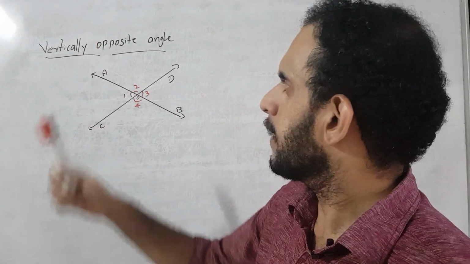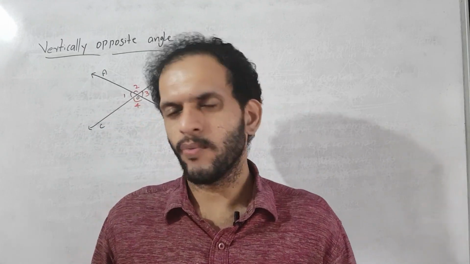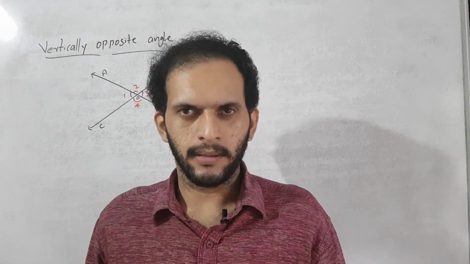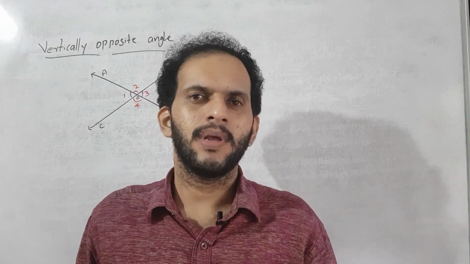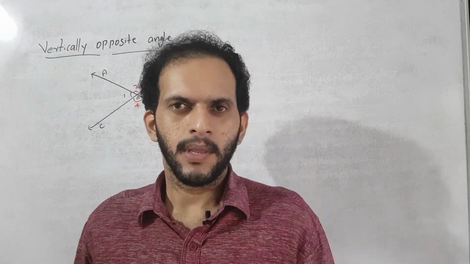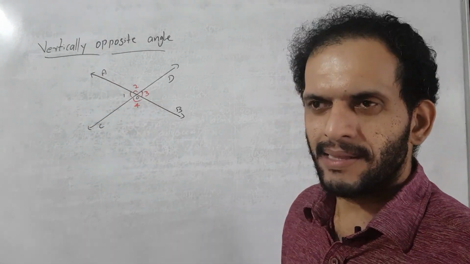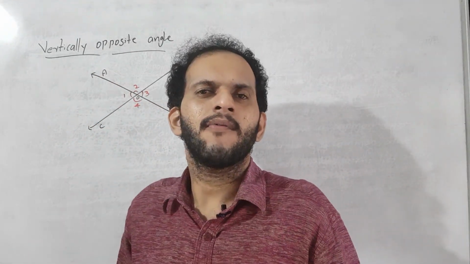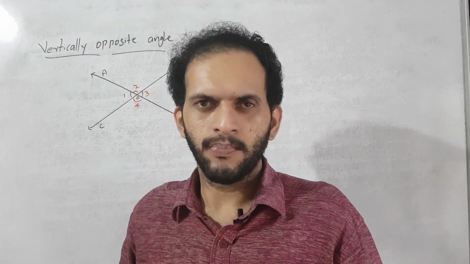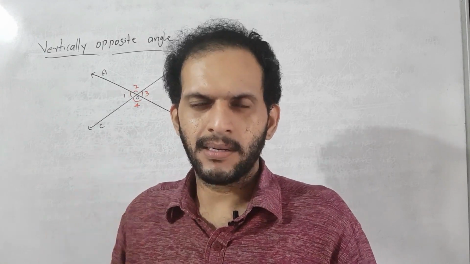The next type of angle we are discussing is the vertically opposite angle. The vertically opposite angle is also very important. Where do we get the vertically opposite angle? We get it only if two lines intersect. If two lines meet at one point, then they form vertically opposite angles.